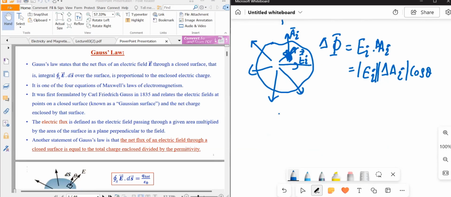So I will take the integral of this psi. Now we have an area segment like this, another area segment like this, through all the area segments.